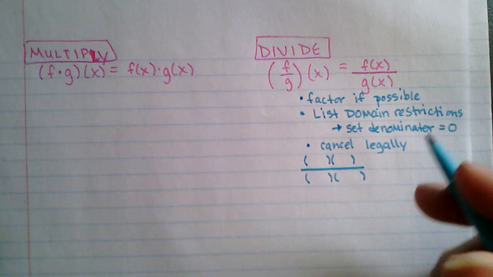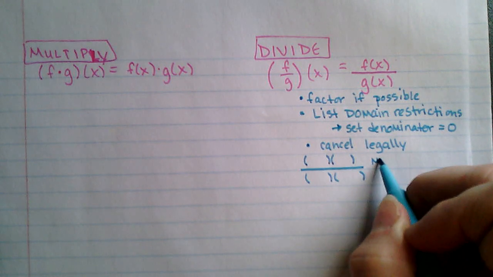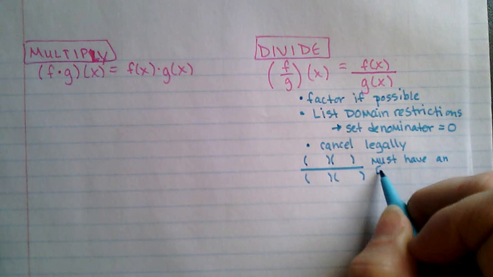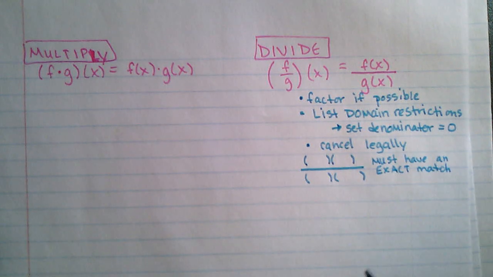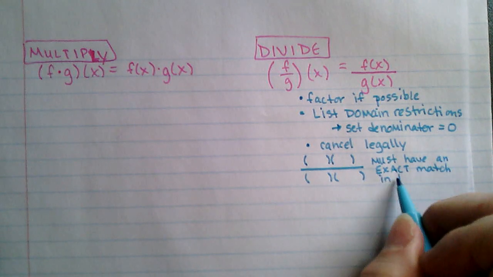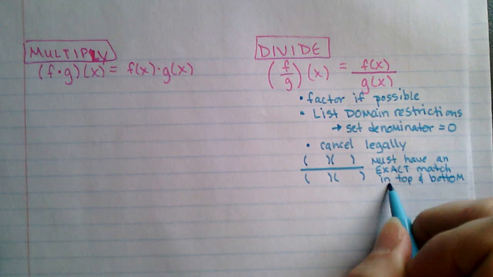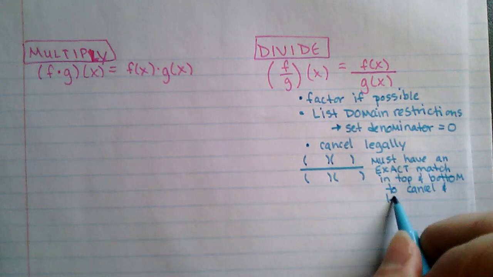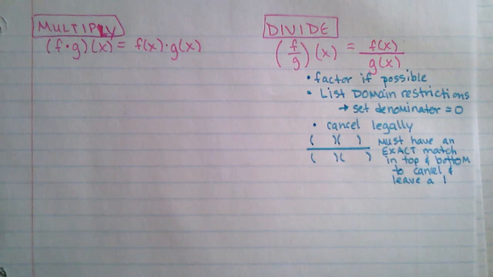And then what I would need to have is an exact match in the top and bottom. And then that would cancel and leave a 1, because they would divide by each other and leave a 1.